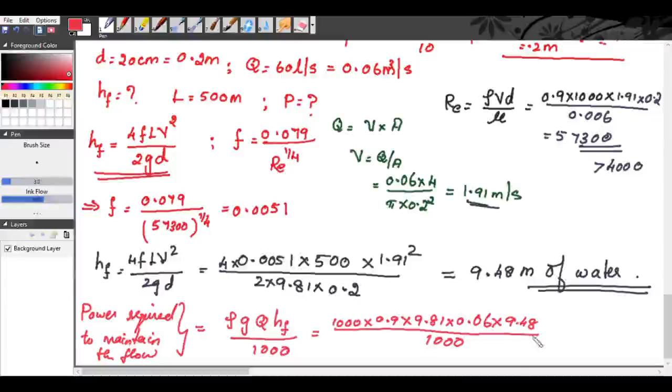If you are expressing in watts, this 1000 is not needed. So, that is equal to 5.02 kilowatts. For expressing in kilowatts, you have to divide it by 1000.